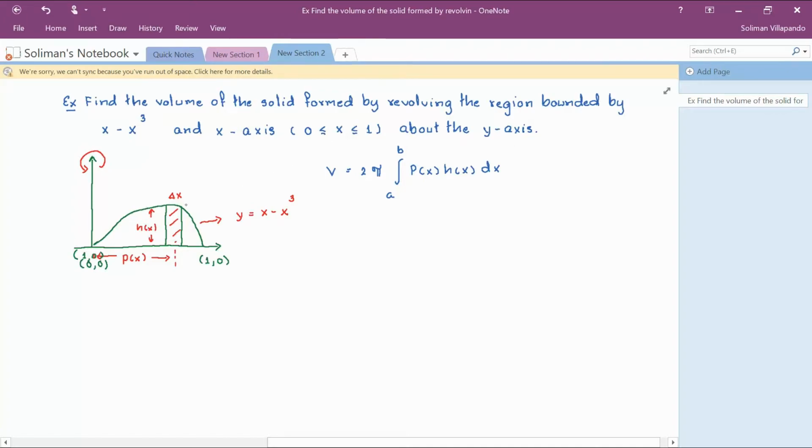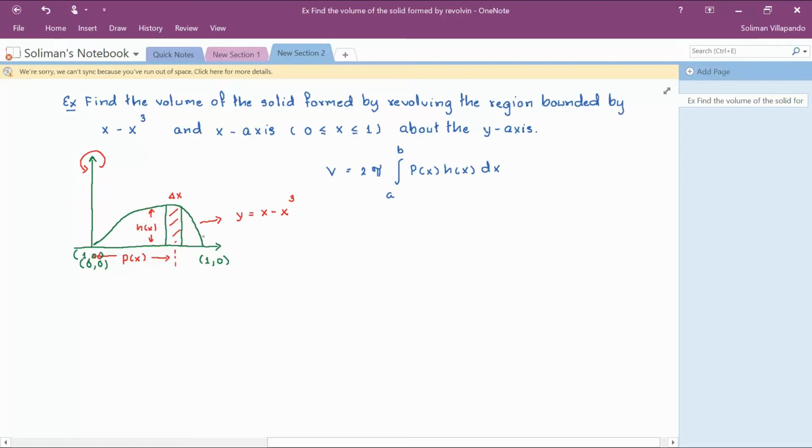This graph represents the function y equals x minus x cubed, with x between 0 and 1, and it rotates around the y-axis. So the rectangle will be parallel to the y-axis. And the formula that we have is V equals 2 pi, integral from A to B, P of x, H of x, dx.